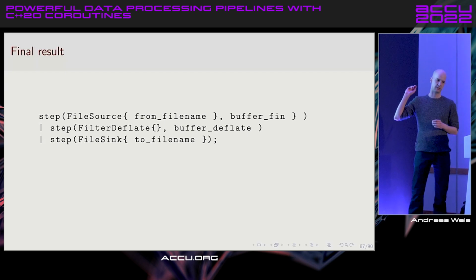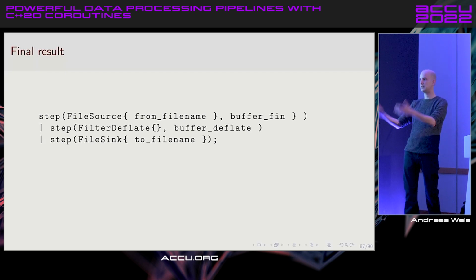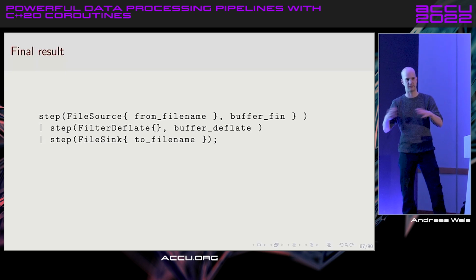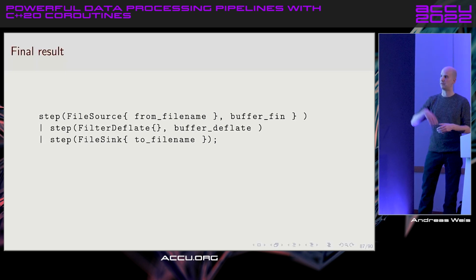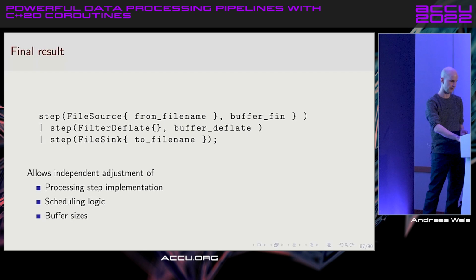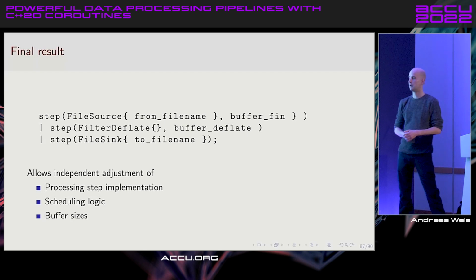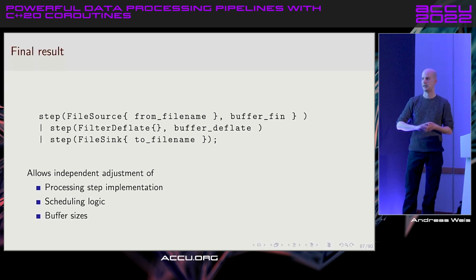But I hope that, with what I've shown today, you have at least a glimpse of all the parts that participate in the construction of such a system, and that if you want to build something like this yourself, you will be able to do so with the help of this talk. What I really like about this is it really decouples the concerns here, right?